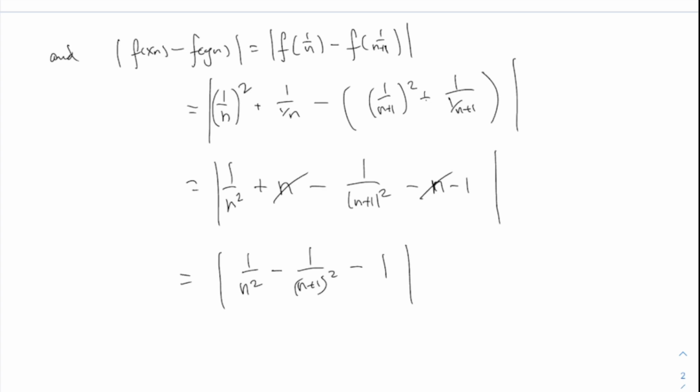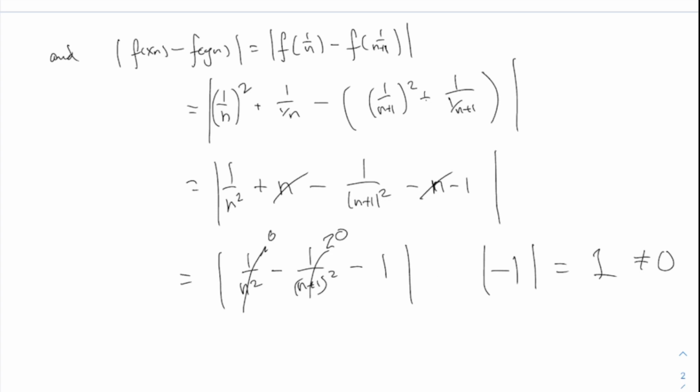Anybody say, what do you get when you take the limit in n of that? Yeah, minus 1 inside the absolute value, right? Those fractions each go to 0 because I'm taking n to infinity. So this goes to 0, this goes to 0. I end up with absolute value of minus 1, which is 1, which I will remind you is not 0. So this thing, sorry, I should have said equal.